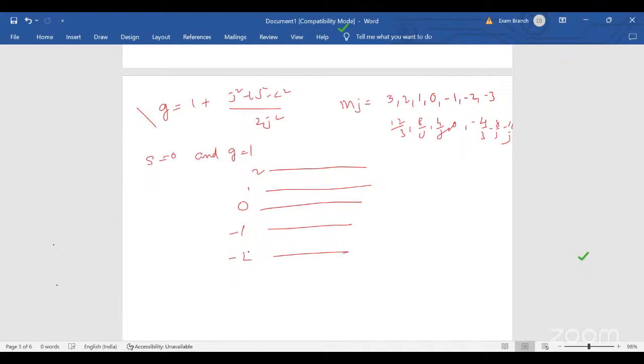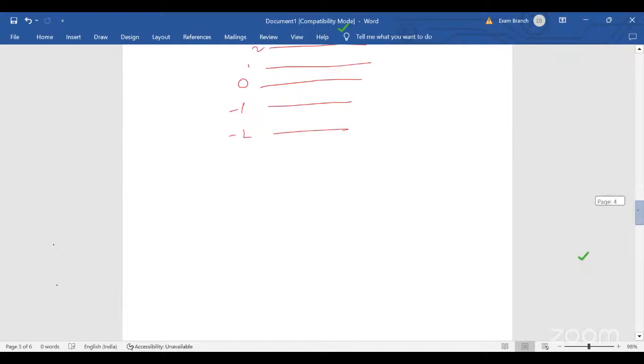So 3 sublevels and automatically you have 0, 1, -1. So it is 0, you have one -1, another one is +1. So this is for 1P1.